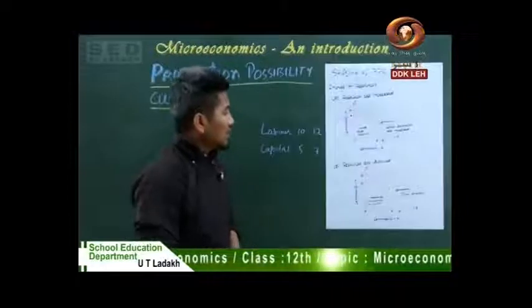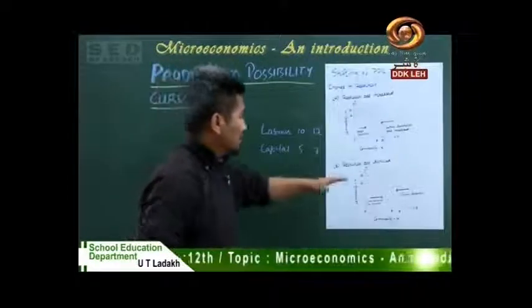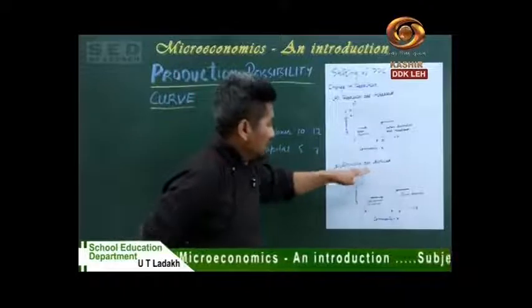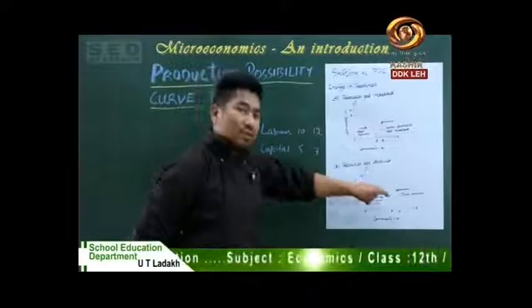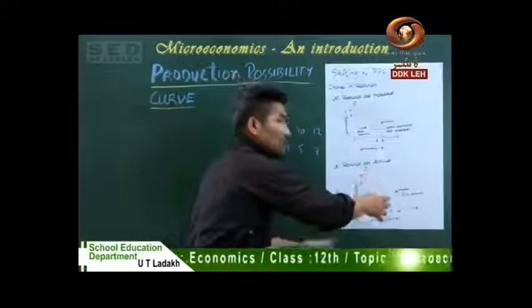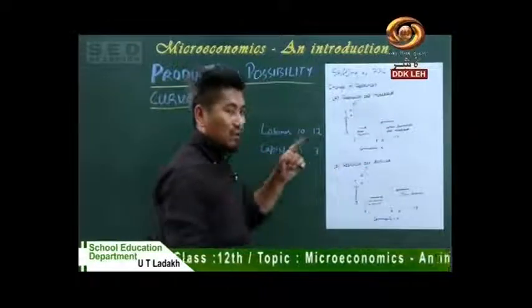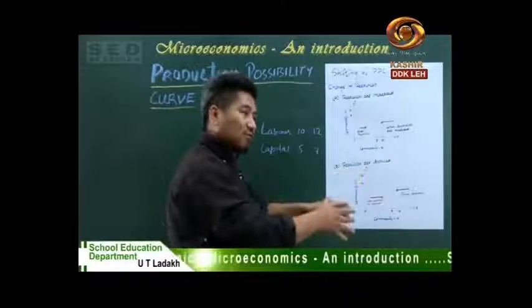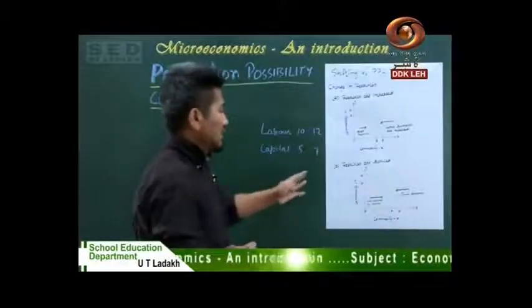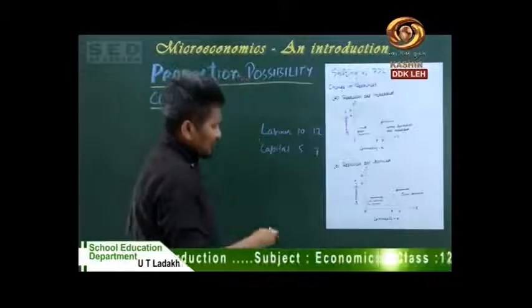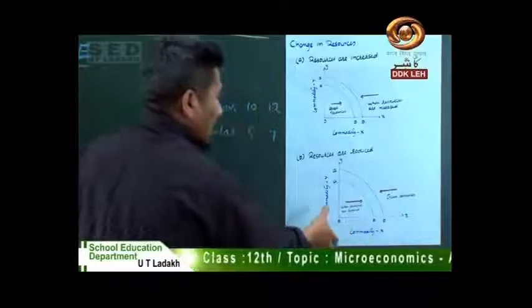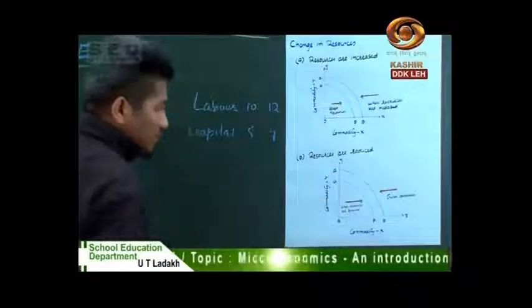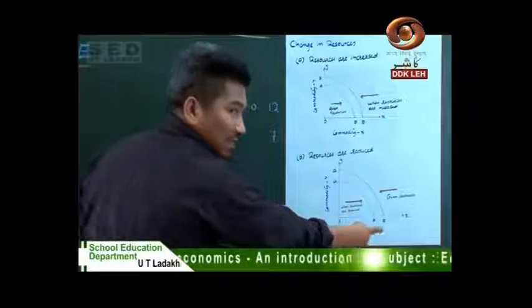Okay, now we'll see what happens when there is a decrease in the resources. With the decrease in the resources, the production possibility curve shifts from right to left. Here again on the x-axis I have measured commodity X, and on the y-axis I have measured commodity Y. AB is the original production possibility curve.